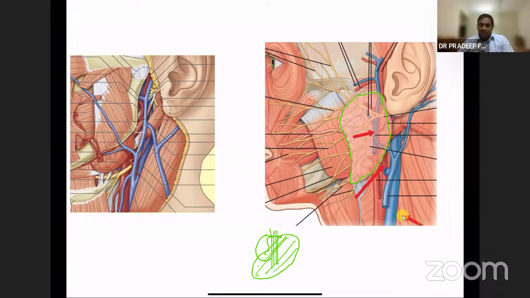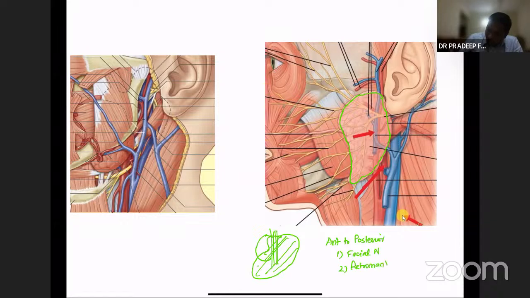Number one is the facial nerve. So anterior to posteriorly: first the facial nerve, second the retromandibular vein, and immediately deeper to it the external carotid artery. In this picture, this is the external carotid artery. This is the retromandibular vein.